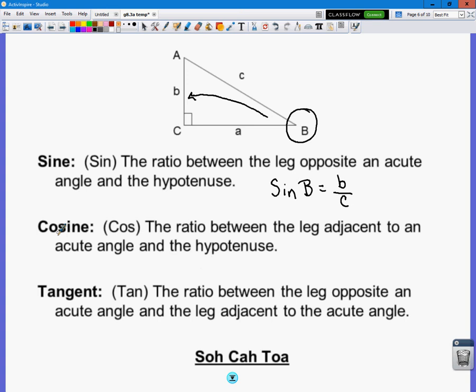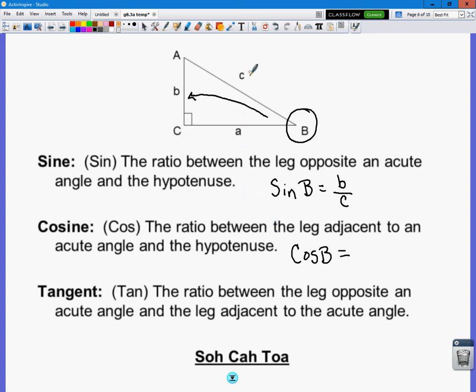The cosine of B is a ratio between the leg that's adjacent to it. Well, if it's adjacent to it, it has to be next to it. Well, it looks like A and C are next to it. How can I tell which one's adjacent and which one's not then? It says the leg adjacent and then the hypotenuse.